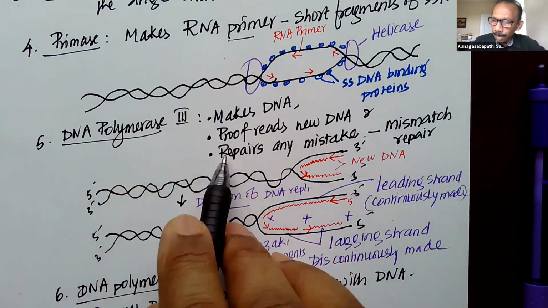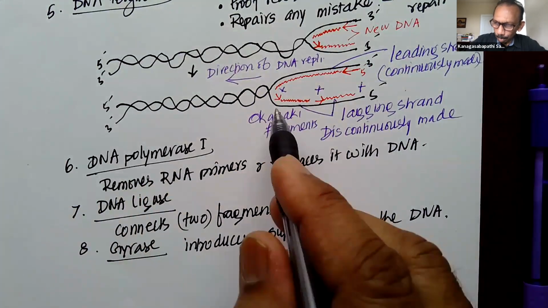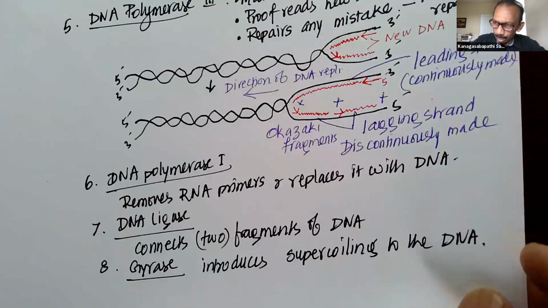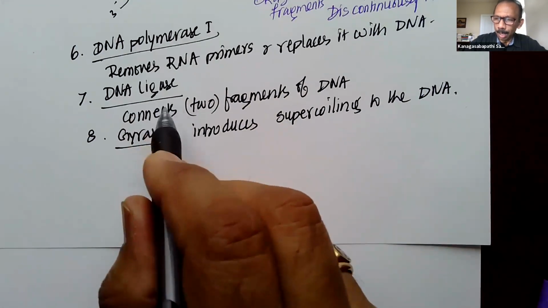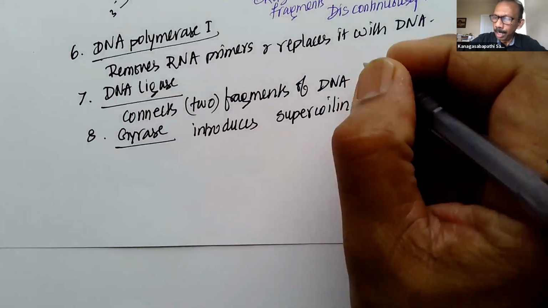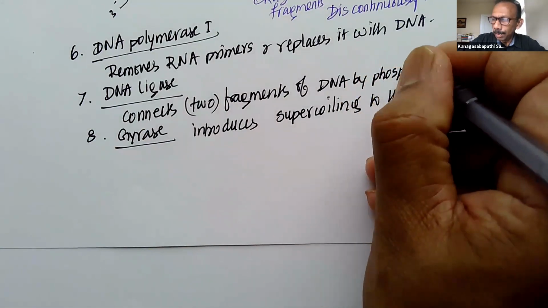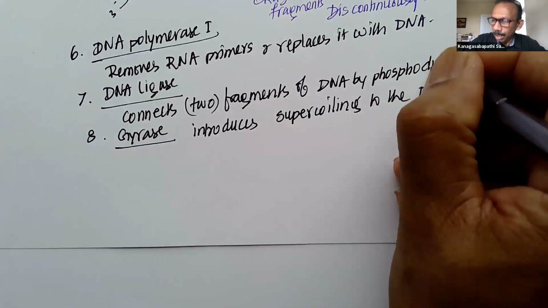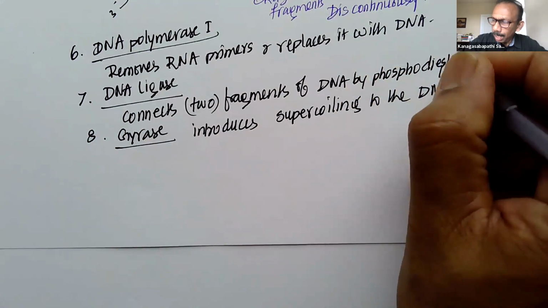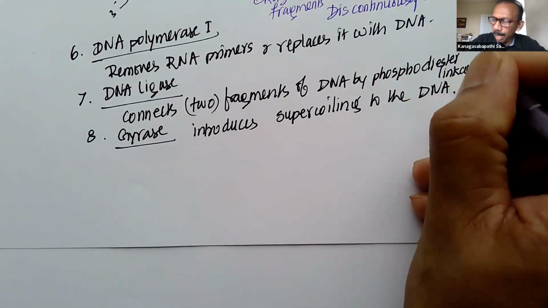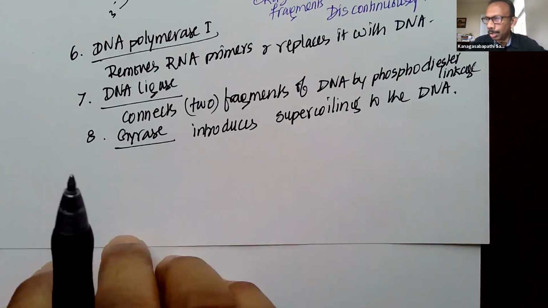DNA polymerase 3 has 3 functions, and DNA polymerase 1 has 1 function: to remove the RNA primer and replace it with DNA. Ligase: ligation means connection, and it connects two fragments of DNA by phosphodiester linkage. This is the covalent bond that connects the two nucleotides together. And gyrase, like gyration or spinning, is where it creates a supercoil.